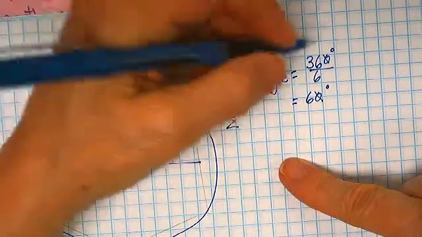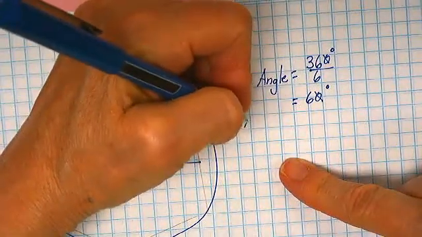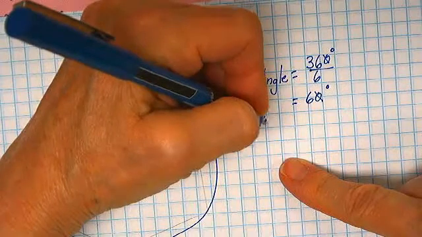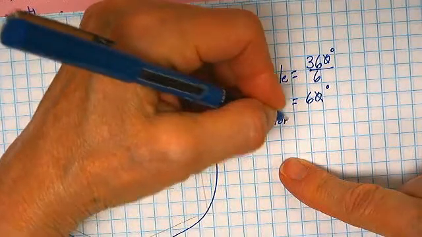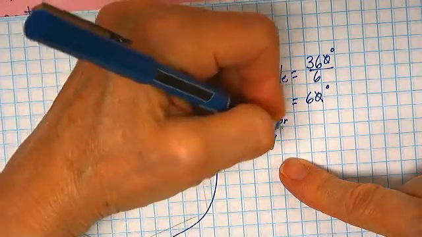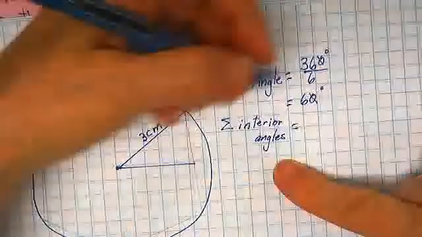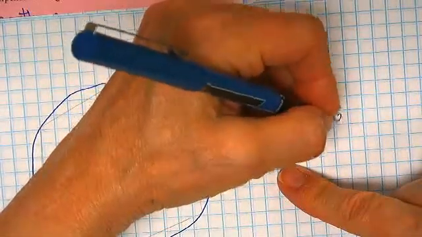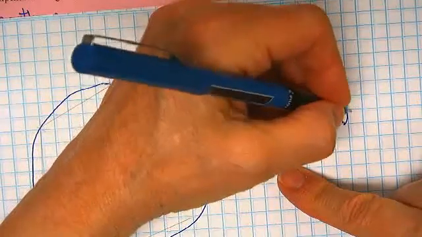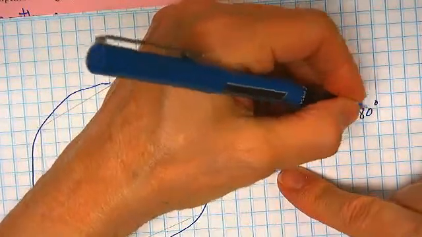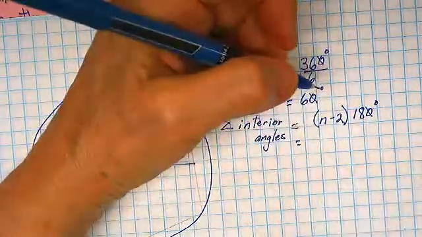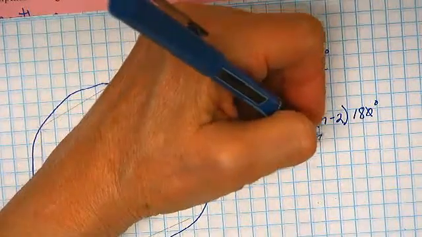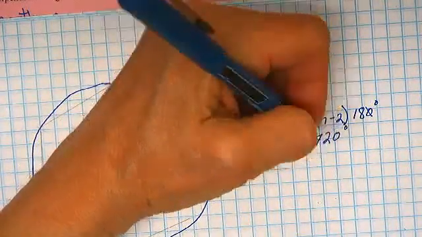The sum of the interior angles of a hexagon is equal to n minus 2 times 180. 4 times 180 is 720 degrees.